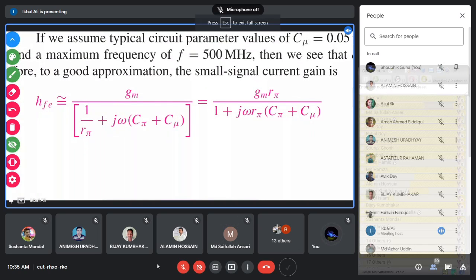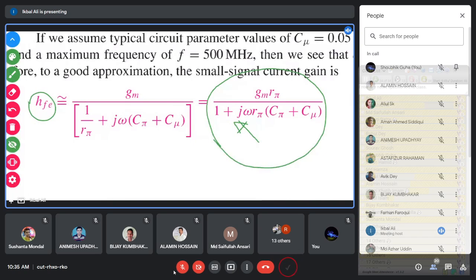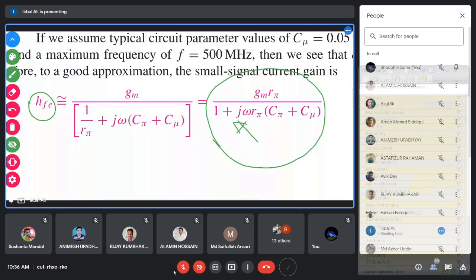The interesting point is that the gain of the transistor in general is a complex quantity. This j makes the gain expression complex, so it is not a real quantity. Why does this j appear here? Because of the junction capacitors: C pi, the forward bias base emitter junction capacitance, and C mu, the reverse bias base collector junction capacitance.